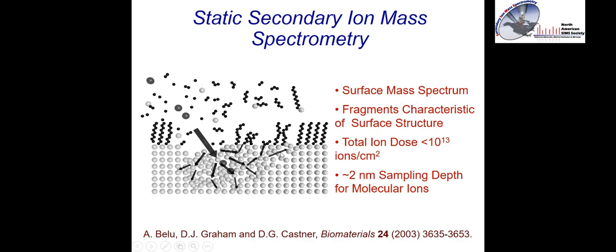In most cases, we're looking at the upper 1 to 2 nanometers of the surface. In many cases, we operate instruments in a so-called static regime where the dose of ions is less than 10 to the 13th. Though it has become more common recently to exceed this limit with some of the polyatomic ion sources that have been found to generate large yields of molecular species, particularly from organic and biological samples.